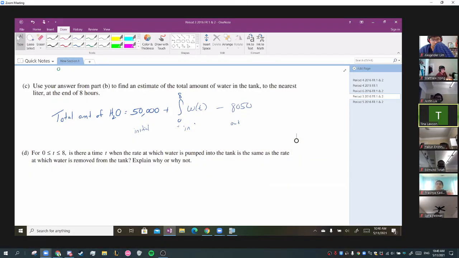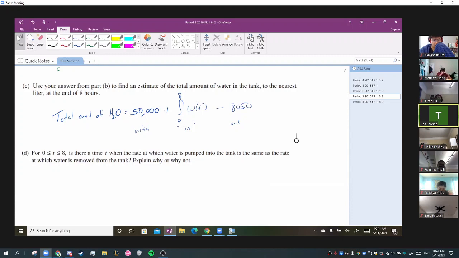When they do something like that, like justify or explain, 90% of the time they want you to use a theorem. Okay, you only know 6 theorems. You know the mean value theorem, Rolle's theorem, you know the first fundamental theorem of calculus, the second fundamental theorem of calculus, the squeeze theorem, and the intermediate value theorem, which is the one we're going to use here, right?